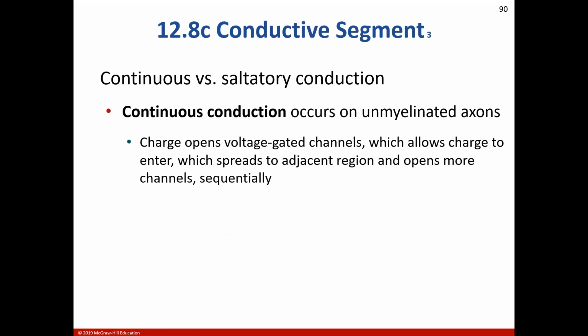So continuous versus saltatory. Now we're getting back to easy stuff. Continuous is without myelin, without the Schwann cells and the oligodendrocytes. Saltatory is with the Schwann cells, the myelin. So continuous is unmyelinated, and saltatory is with myelin.